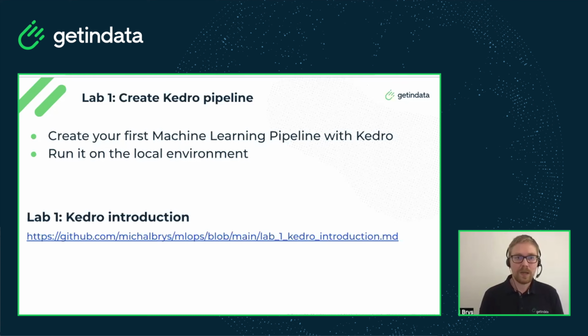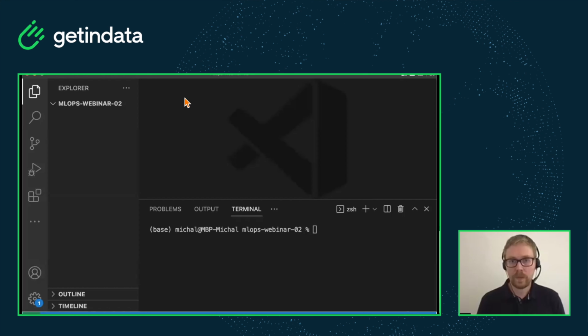So now I will switch the window sharing to the code editor. There we go. So I've got open the code editor. This is the Visual Studio Code, and we will need the interactive terminal open. So first step will be to make the directory for our environment.